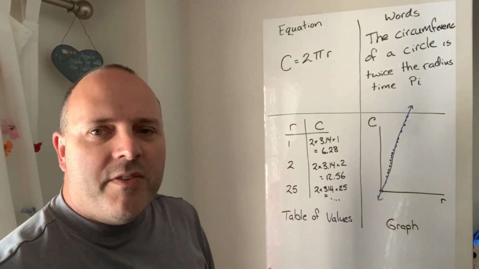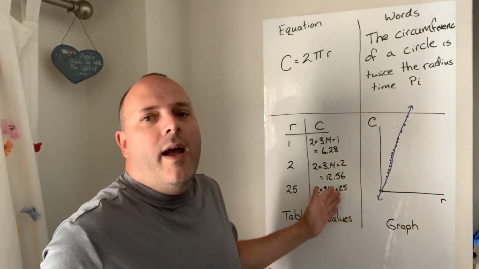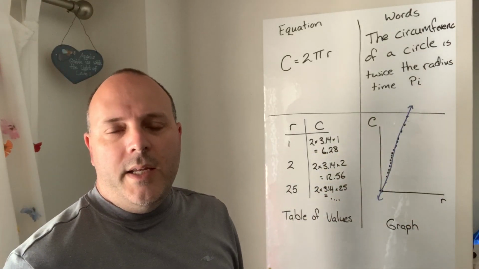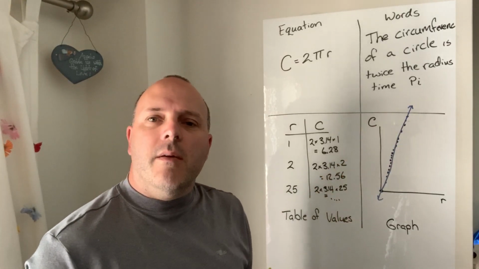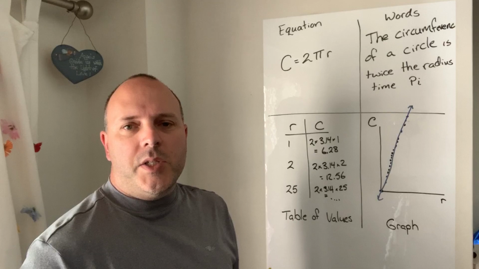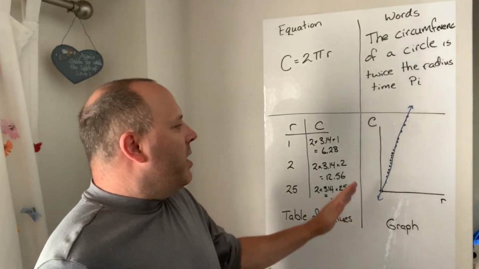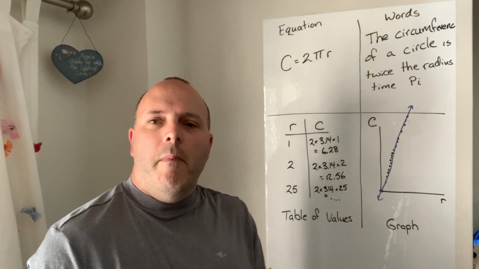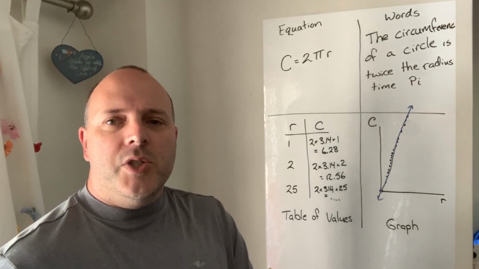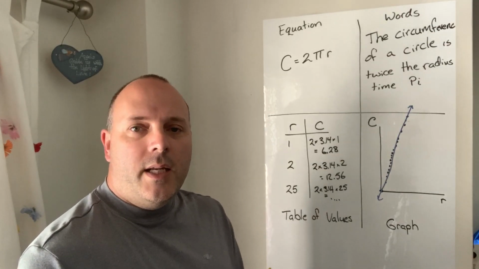Right? So what a graph is saying is that there's every possible radius, and we could find the circumference that matches that radius. Okay, why do we call this a linear relationship? Because all those radius points and circumference points match up and form a straight line when we graph them. So that's what makes it linear.